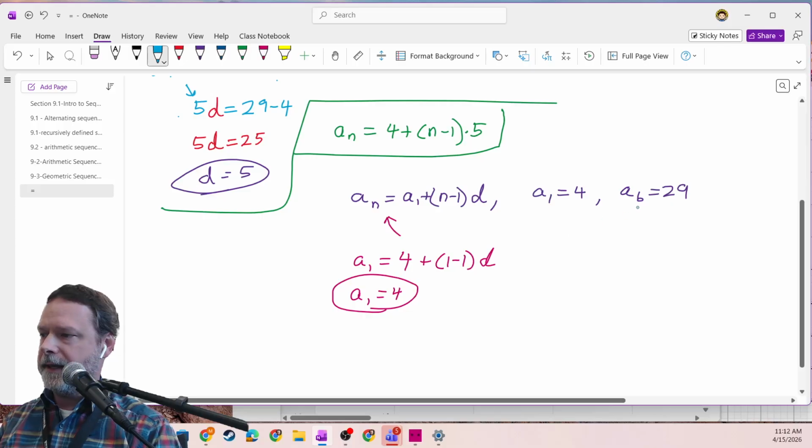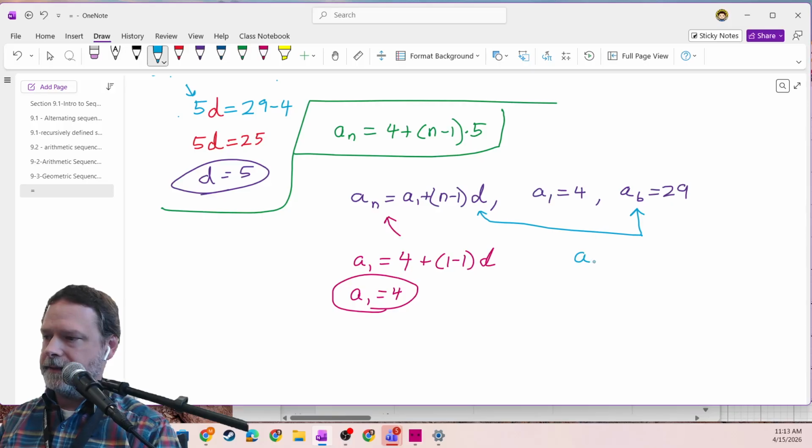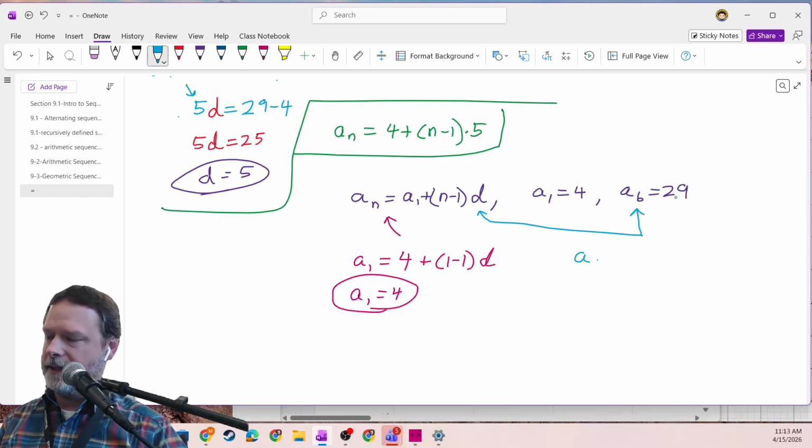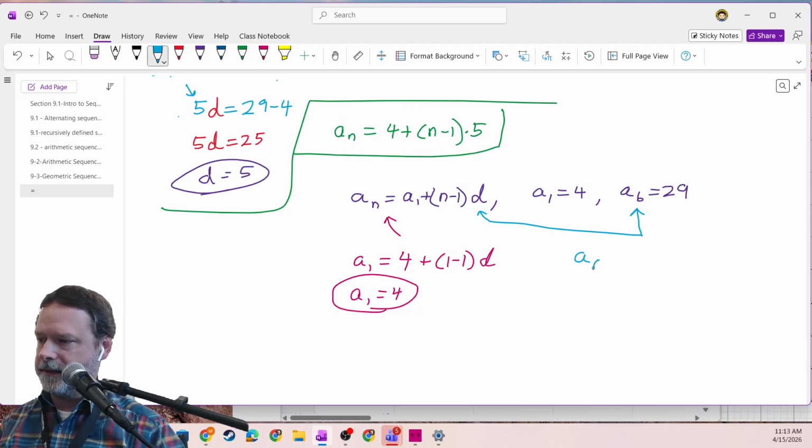Let's try this one. A6. Plug it in here. A sub 6 equals a sub 1, which we actually know.